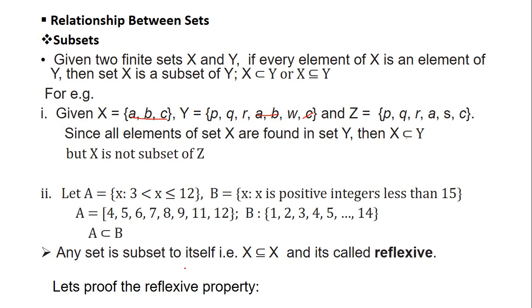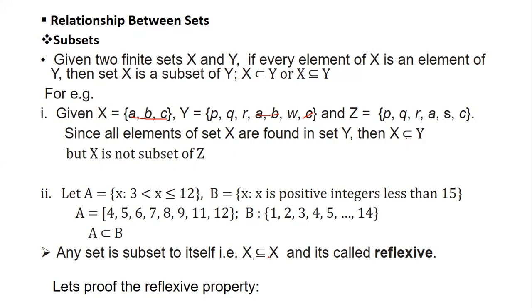Then, assuming we have the set X, this set X is a subset or equal to what? X. Because every set is a subset of itself. And if X is a subset of X, don't forget X is also the same as X. Therefore, this is not a proper subset. So we put the equal sign here, or we put a bar under the sign to make it subset or equal.